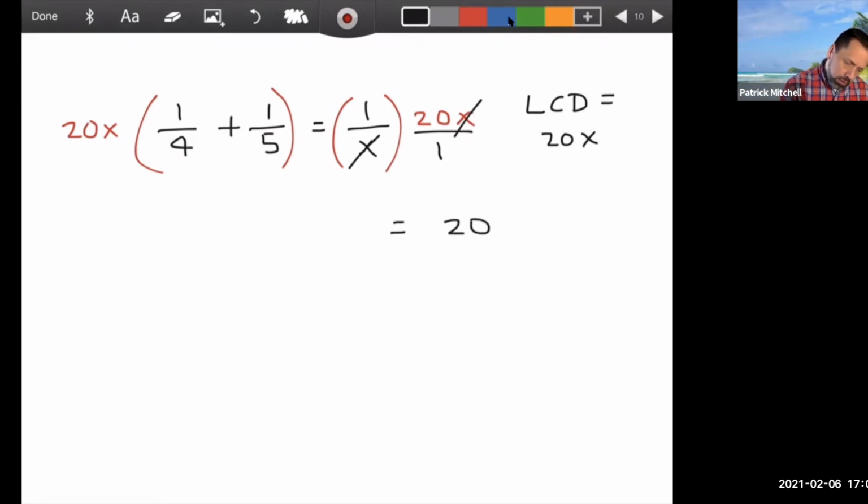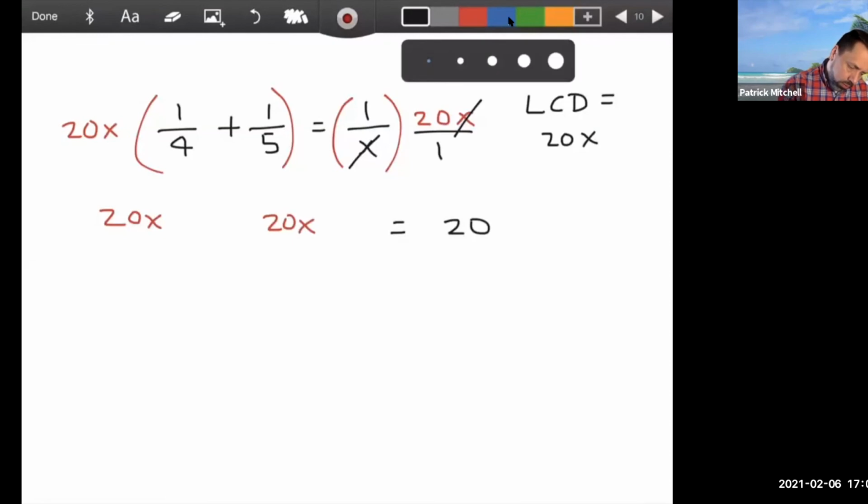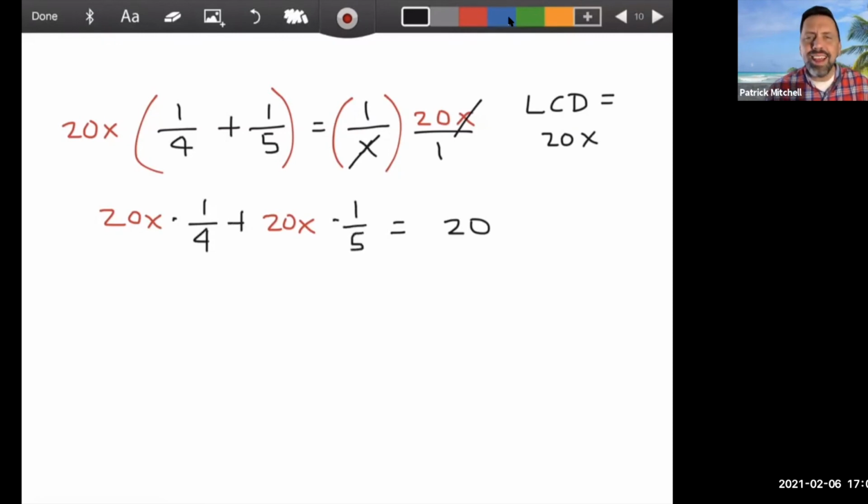And then over here, I'm going to distribute my 20x onto the 1/4 and the 1/5. All right, so 4 goes into 20 5 times. 5 goes into 20 4 times.